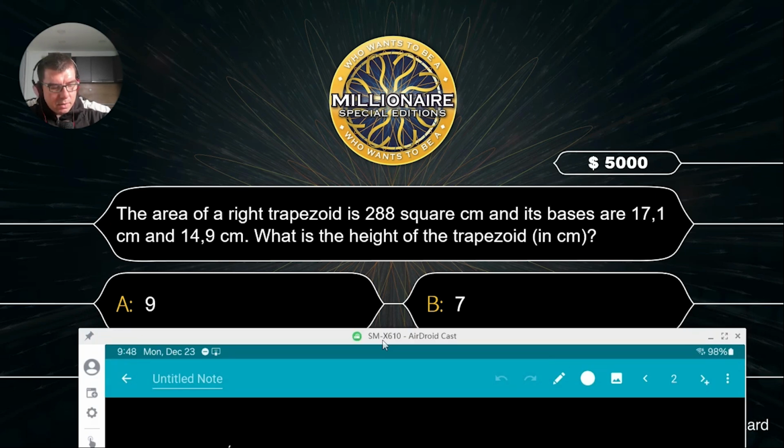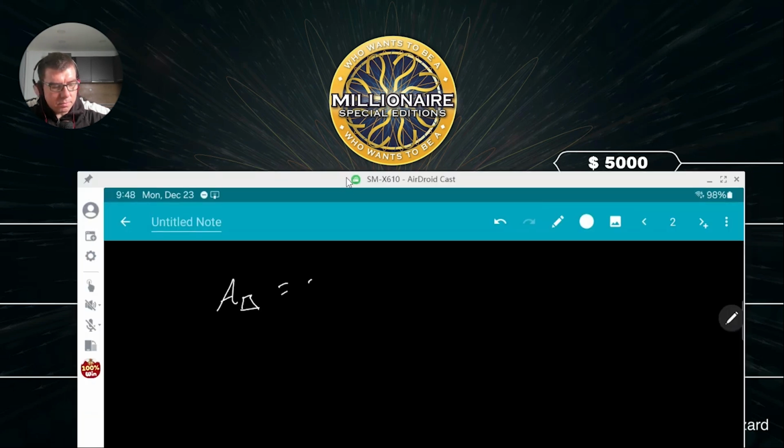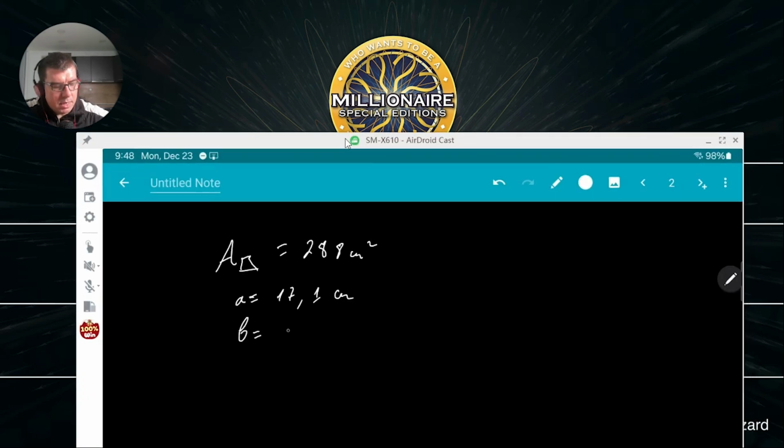The area of the right trapezoid is 288. So let's denote the larger base by A, which is 17.1, and the smaller base by B, 14.9.